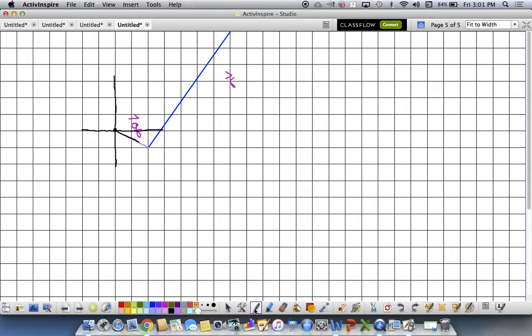So I add Q. Now my new initial point is at the end. The terminal point of Q should be at the beginning of R. From this point, I would go over 5 and up 7. I didn't really mean to end all the way at the top, but I did. The resultant vector would be this vector where we added them together.